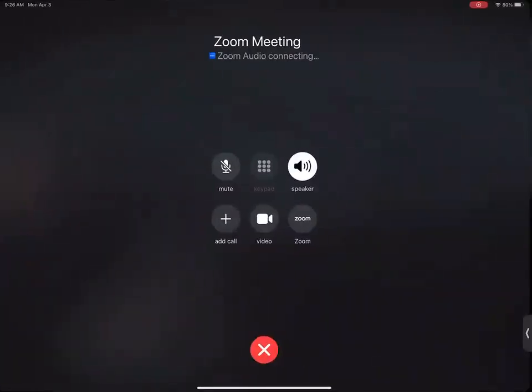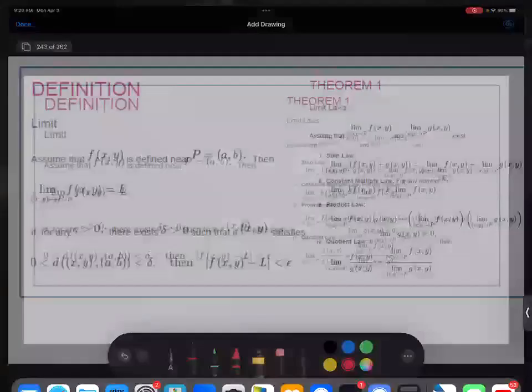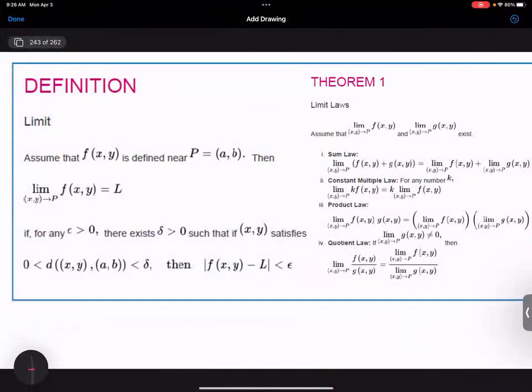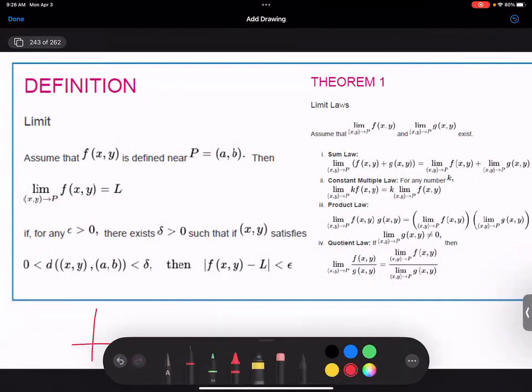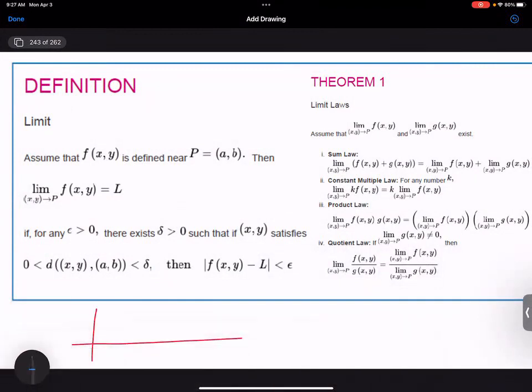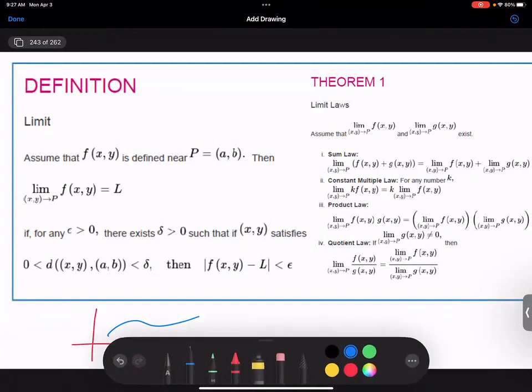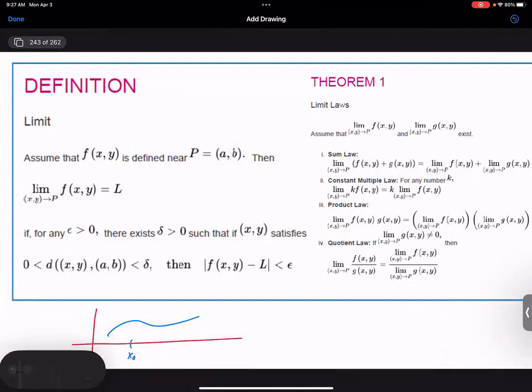So in one dimension, it's often done as follows. So here is my function. Here is maybe the point I care about, x naught. Here is the value of the function, and so that would be L, which would be f of x naught.